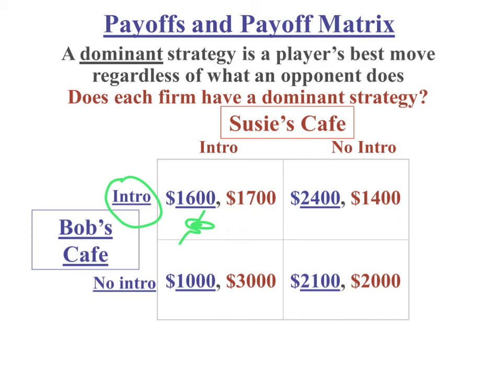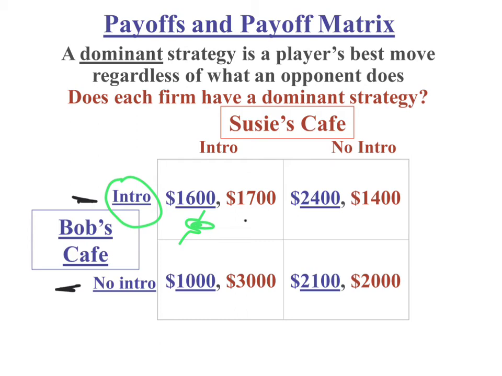If we look at Susie, she's going to assume Bob is either going to intro or not intro. So we're looking at Susie's payoffs. If Bob introduces, Susie's choosing between intro at $1,700 or not intro at $1,400, okay?